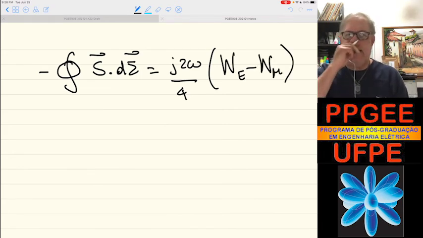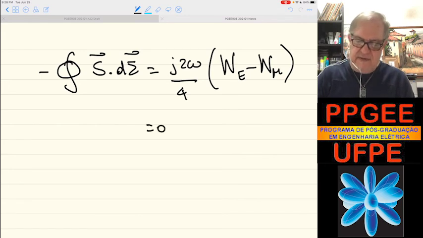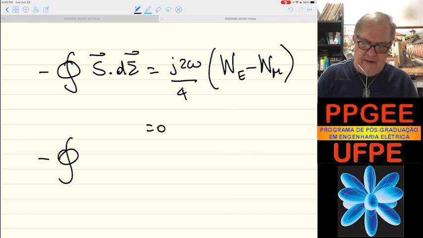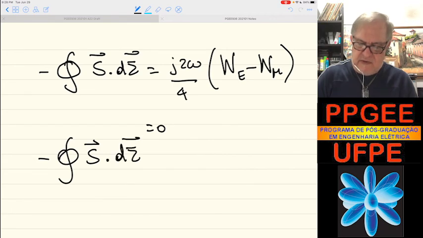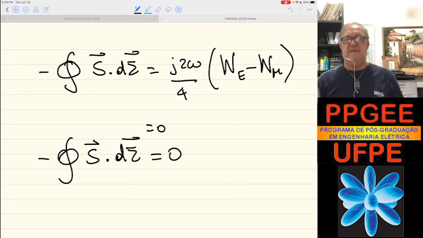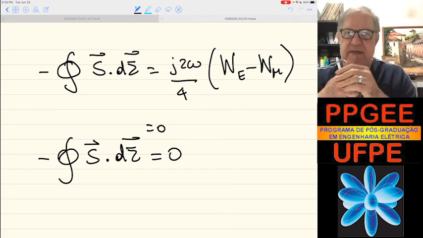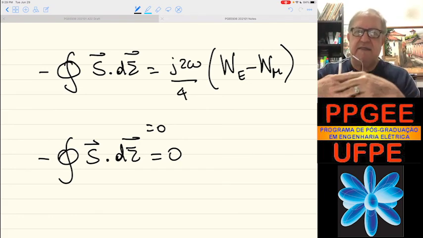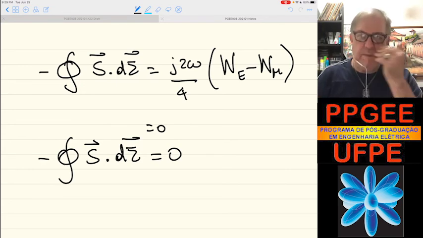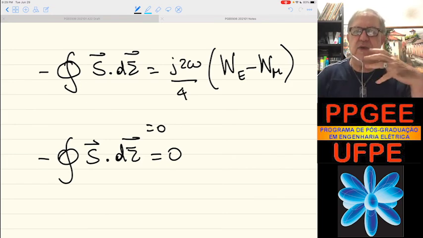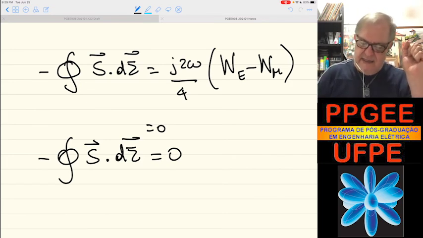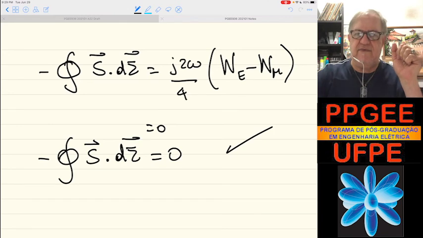Because the densities are the same, this equals 0. So the net power flux inwards equals 0. Vacuum doesn't absorb energy. That's the meaning of this equation. What enters just flows outside. Nothing is absorbed. No net result. Okay? So that's what we would have in vacuum.